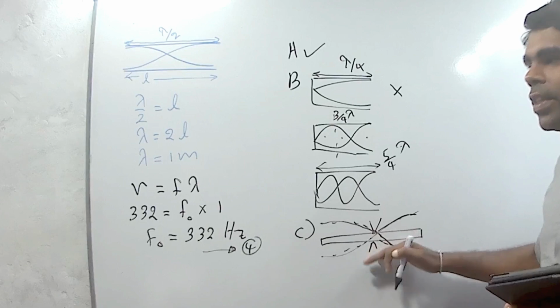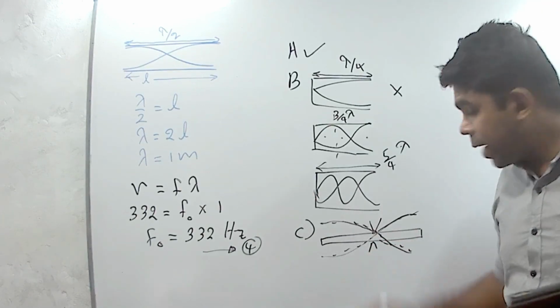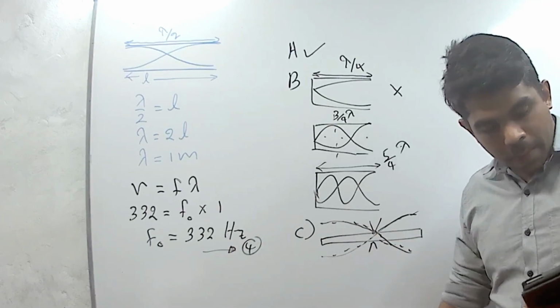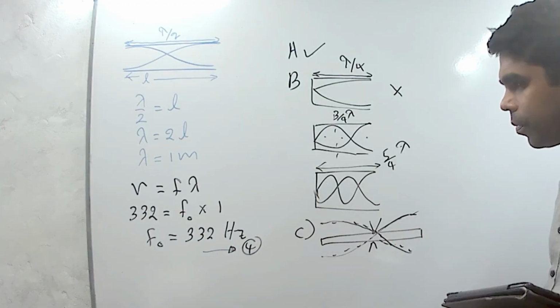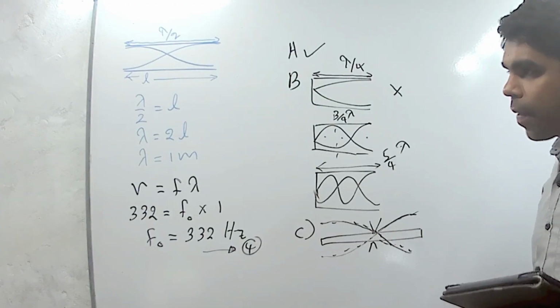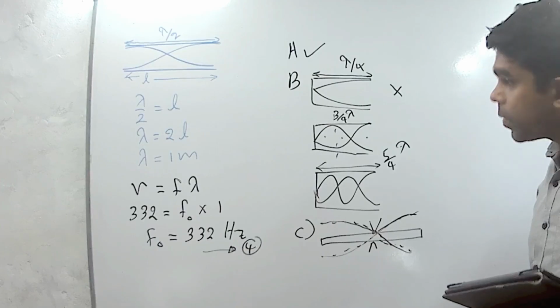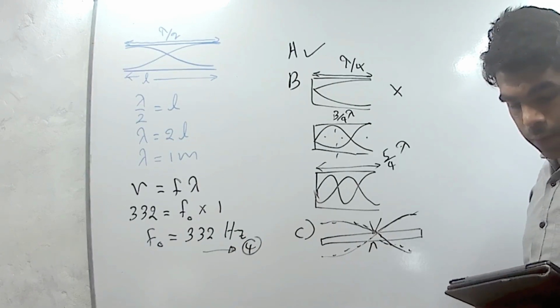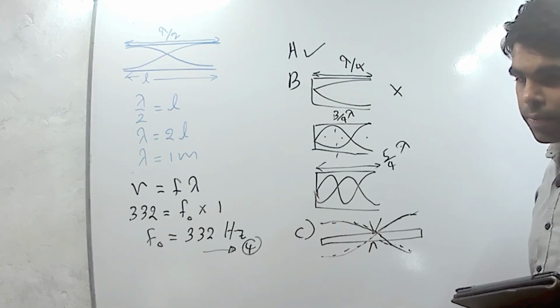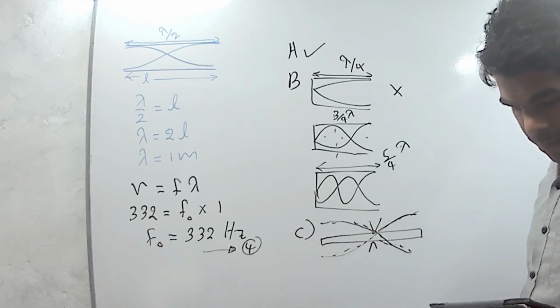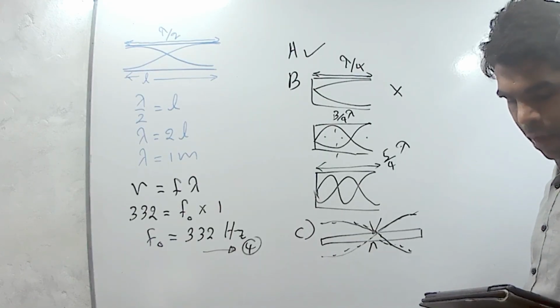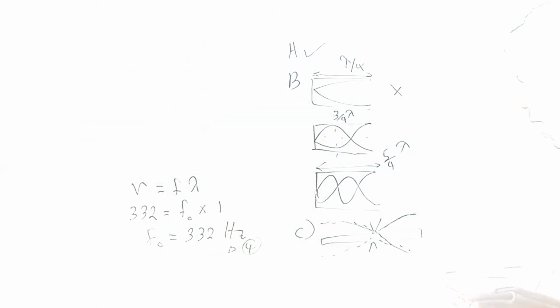We can consider this one is the first fundamental, but we can't get overtones for a rod. Therefore, only A is correct. There is no answer for the question. Therefore, they have given all marks. You have to remember that.